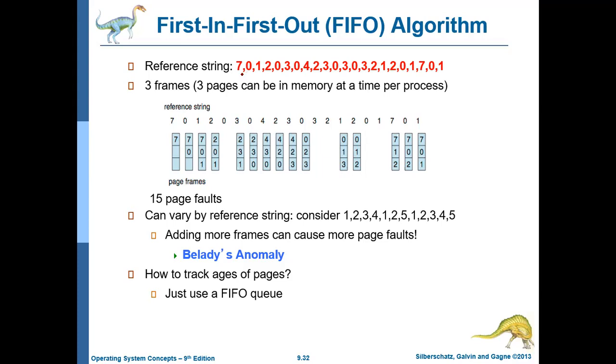Now this is your reference string. You will be given only this reference string and the number of frames that you can use. Here 3 frames are given in the problem, so you have only 3 frames and your reference string is this one. At a time you can maintain only 3 pages.